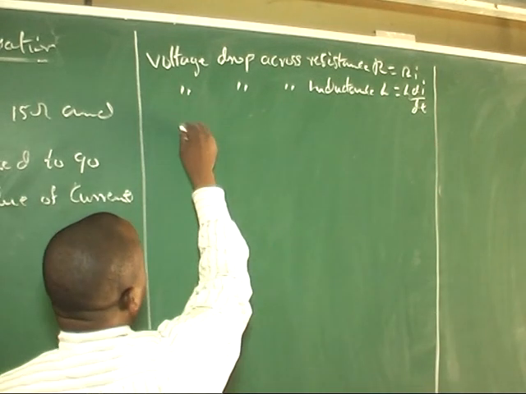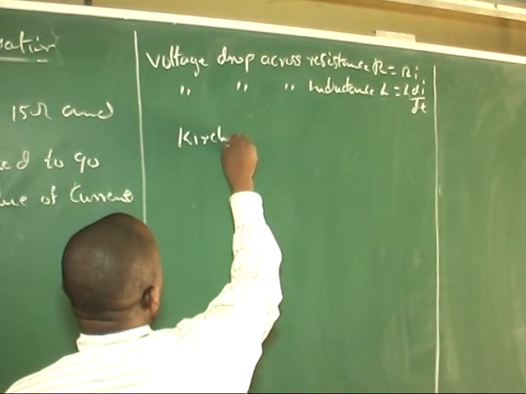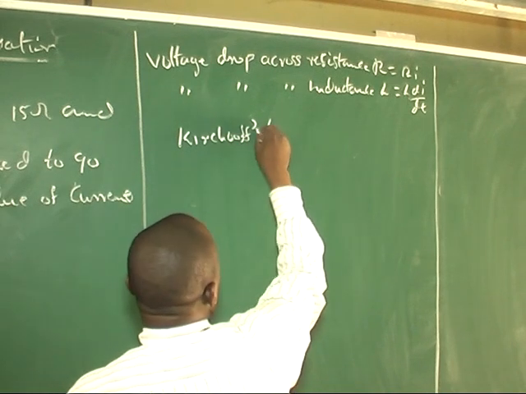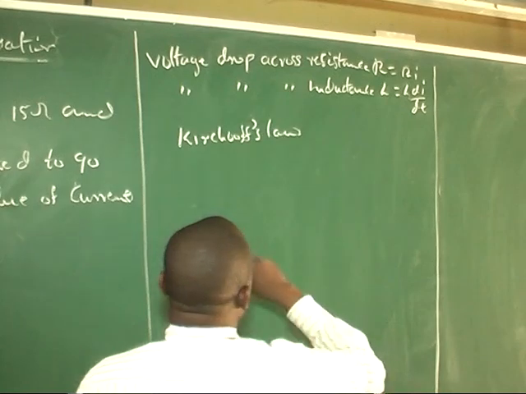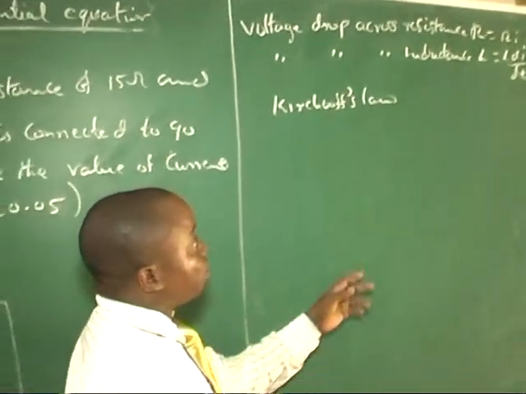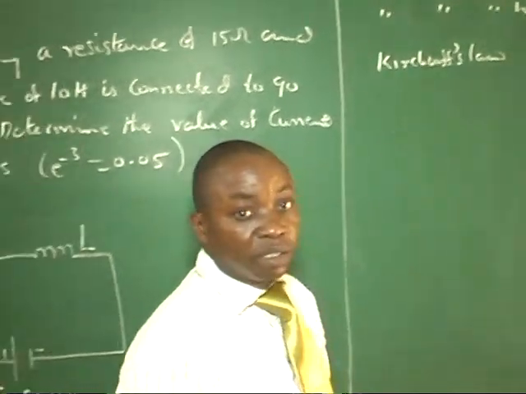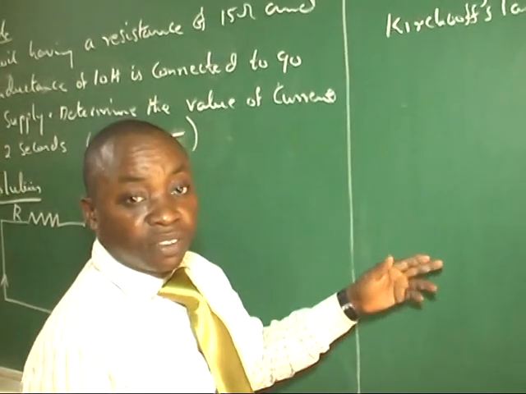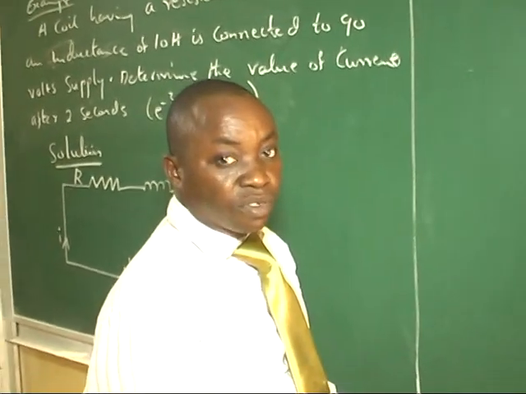So that by Kirchhoff's law, we know that the algebraic sum of the voltage drops in a closed circuit is equal to the resultant electromotive force.